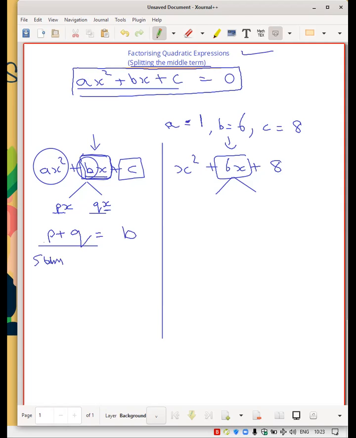Whatever two numbers we decide, their sum has to be the middle term, that is the value of B. And the product PQ is equal to A into C. For 8th standard, the value of A will always be 1, so we can just assume that it's only C.